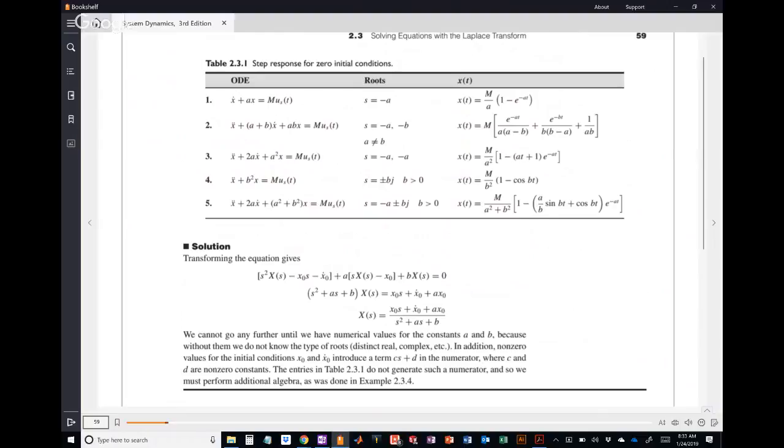These zero initial conditions, we can do that with the transfer functions now, and it's actually easier than this when we use the transfer functions.